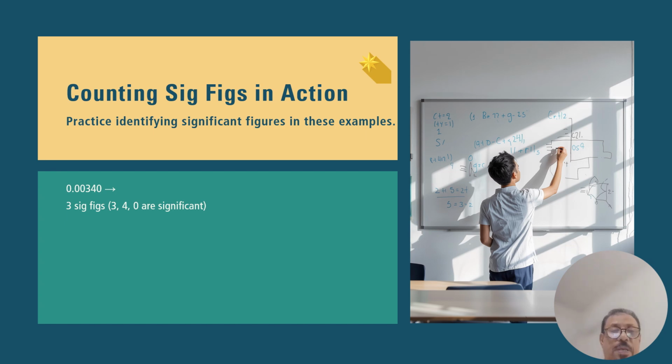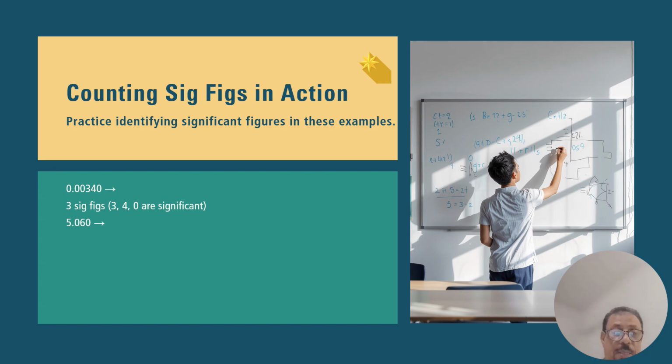Look at the second example, 5.060. How many significant figures here? If you say 3, which is not right. They are 4 because of the trapped zero, which is here.